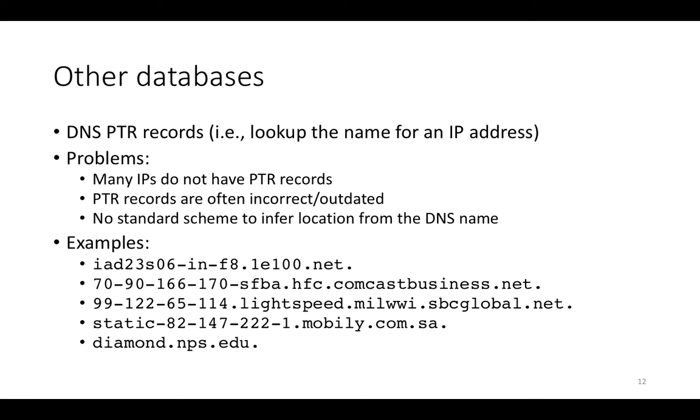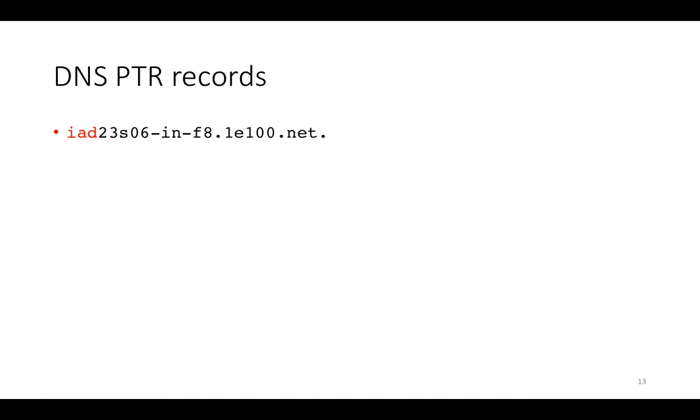However, there is often useful location information. I'm going to run through 5 quick examples here just to show you the diversity of the types of pointer records that are out there and the differences between them, the fact that they're completely non-standard, and the fact that some give location information, some don't, and the granularity changes. So let's look at this first one. IAD 23S06 in F8 1E1 100.net.